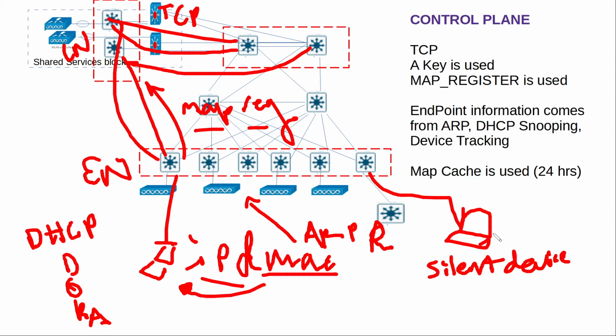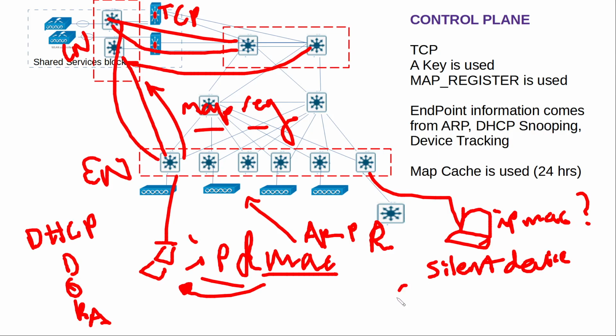So we will have an issue with these silent devices, because if you had silent devices in your network, your edge nodes will not be able to figure out the IP address and MAC address of these silent devices.